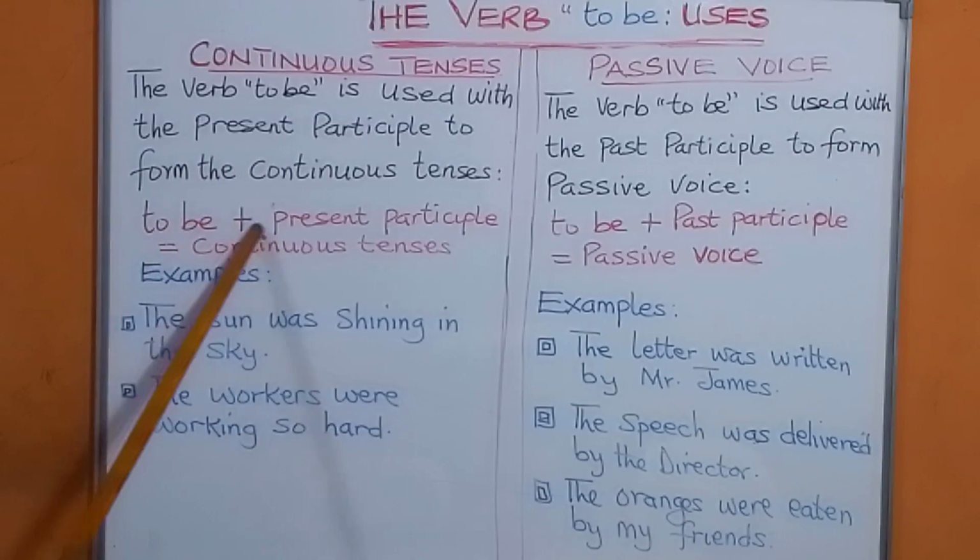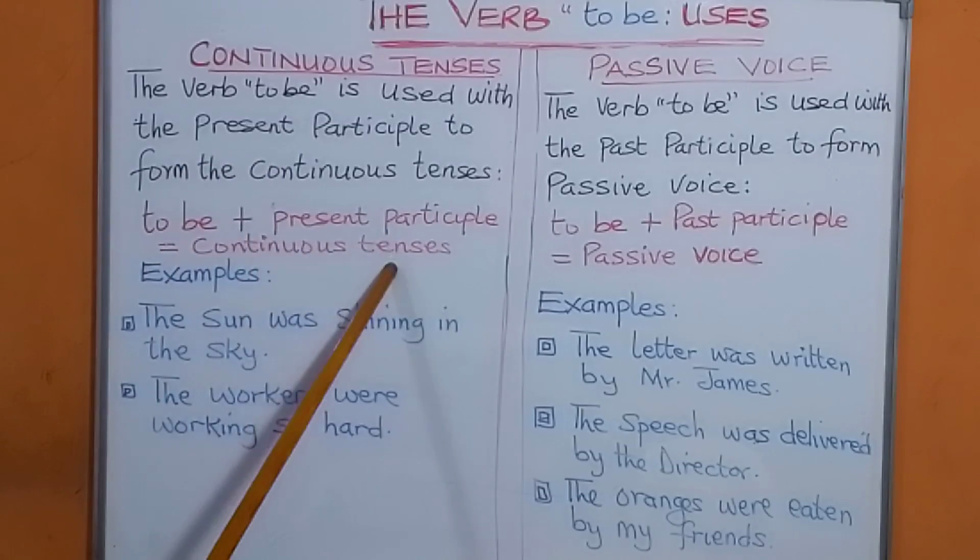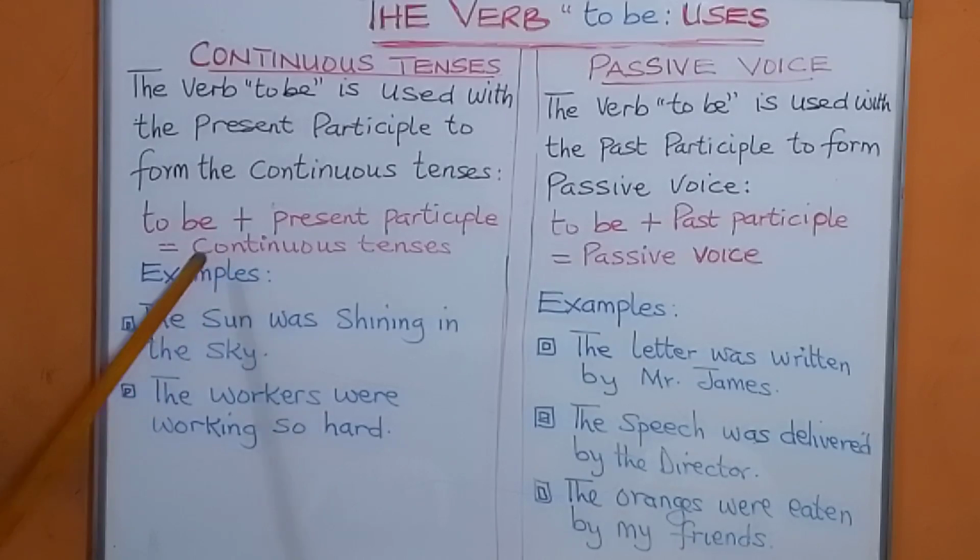So, verb to be plus present participle, you form continuous tenses. That's how it's formed.